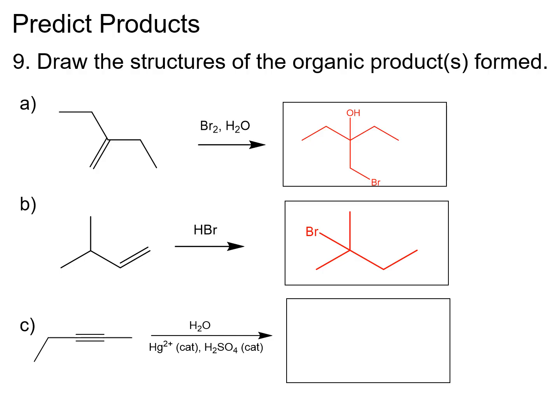Bottom one. Is this Markovnikov or anti-Markovnikov reaction? Markovnikov. This is Markovnikov, so I need to go to the more substituted position. But in this alkyne, both of these positions are equally substituted. So I end up making two different products. I could have the double bond oxygen on the alkyne carbon on the left.